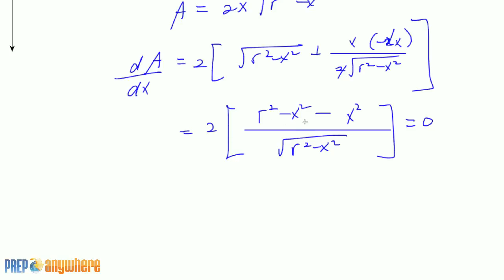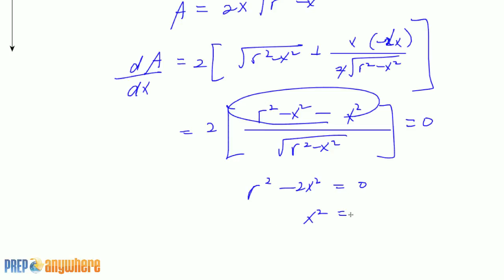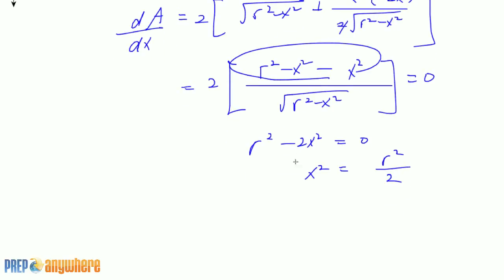And we know that we have to get our x value from the top. So we have r squared minus 2x squared equal to 0. So we get x squared equal to r squared over 2. So x must be r over square root of 2.